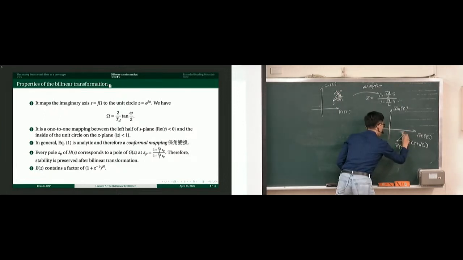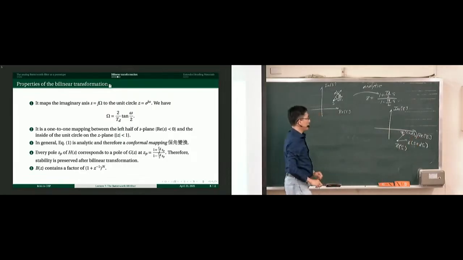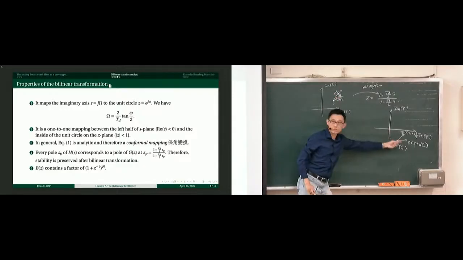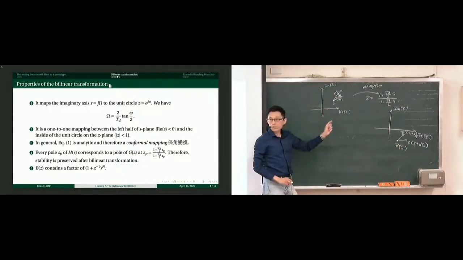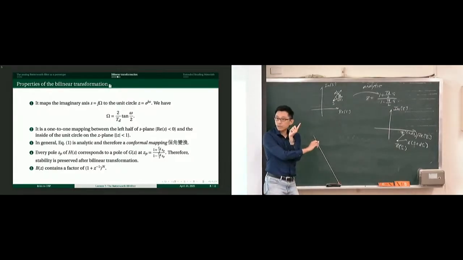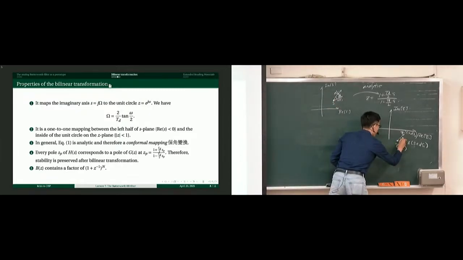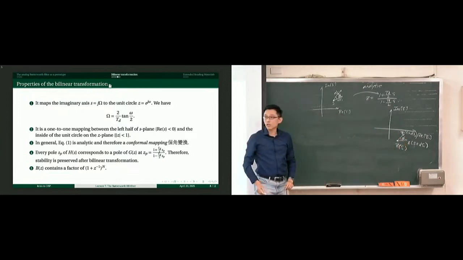This is Z of S plus infinitesimal ds2. In general, these two directions are not going to be the same as the original two directions. But what remains the same is the angle between the two directions. That's what we mean by conformal. This angle phi is preserved after the transformation. If a transformation has this property, then we say that the mapping is conformal. We have a conformal mapping, 保角变换.